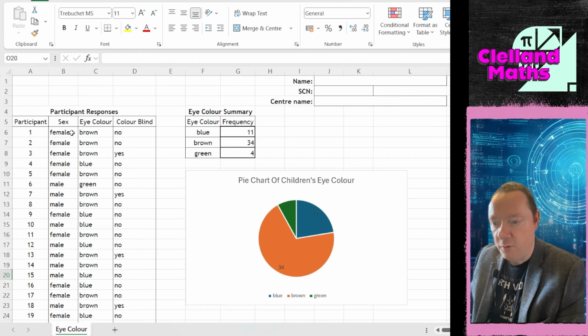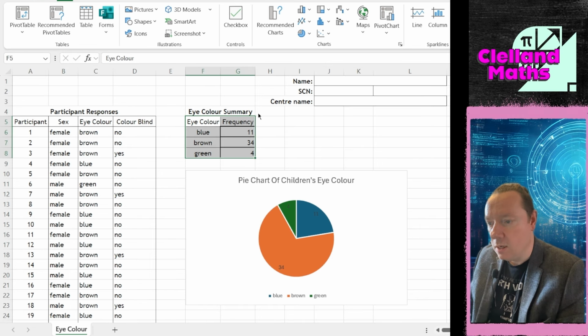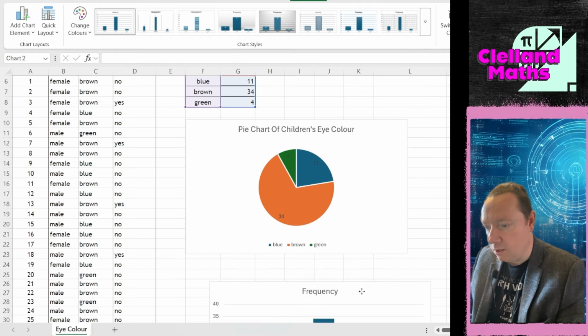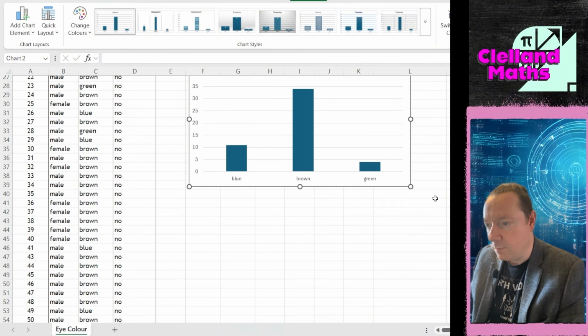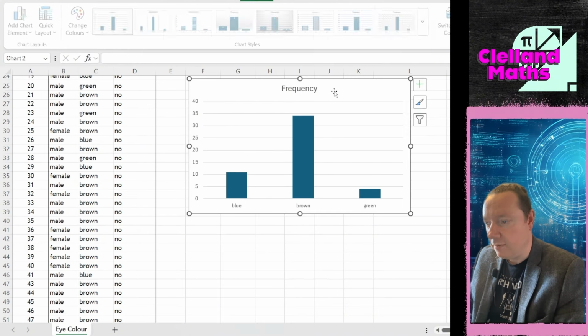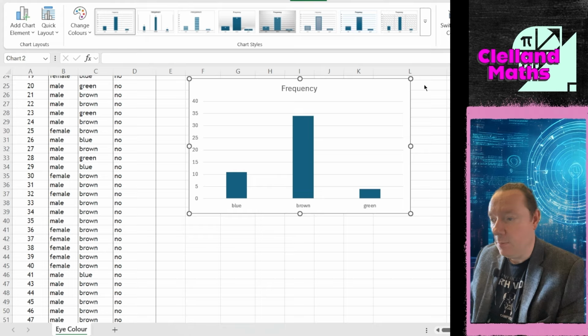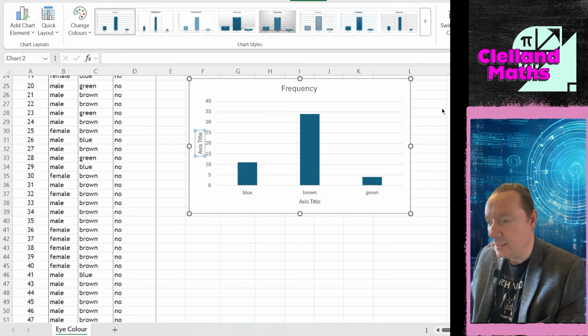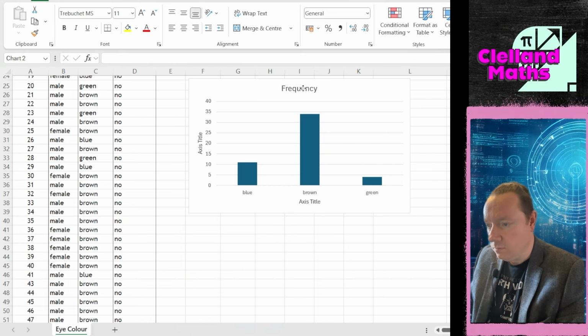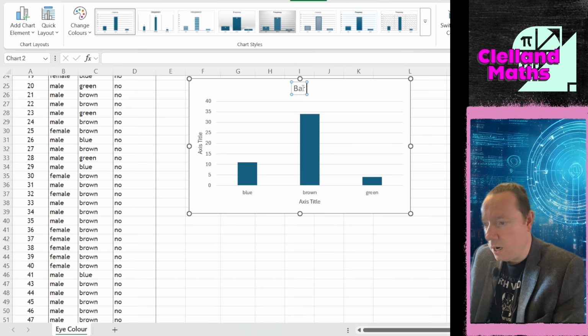I'll show you what you would get if you were to actually pick a different chart as well. Let's pick a bar chart this time, down a little bit. So if we'd done a bar chart instead, you would get something like that. Again, you want your data labels in. So add axis titles, bar chart of children's eye colour, say.